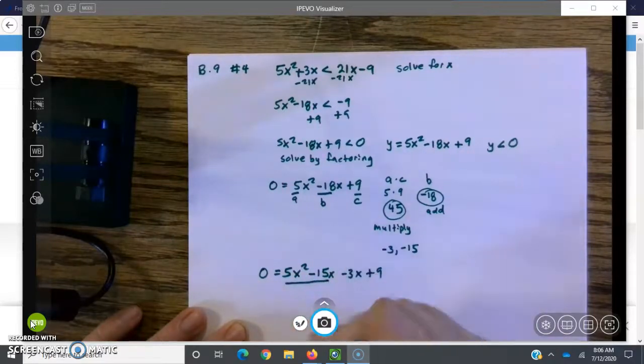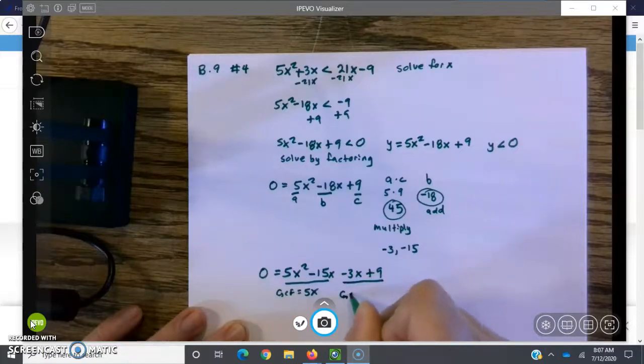From the first two, our greatest common factor is 5x, and from the second two, our greatest common factor is negative 3. So from the first two, if I factor out that 5x, I'm left with x minus 3. And if I factor out the negative 3, I have x minus 3 left over.